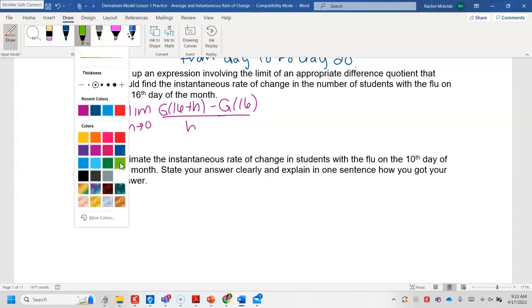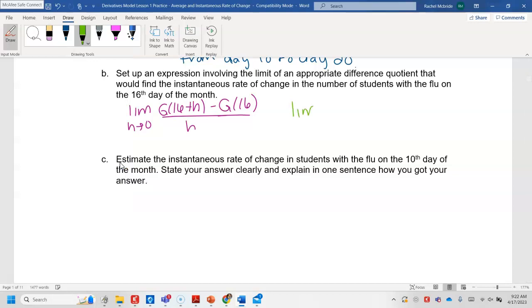You can also do this using the limit with the alternate form of the definition of the derivative. So the alternate form starts with what you are finding the derivative at. So that's when you do g of 16 or g of t. The order doesn't matter as long as your bottom part matches.